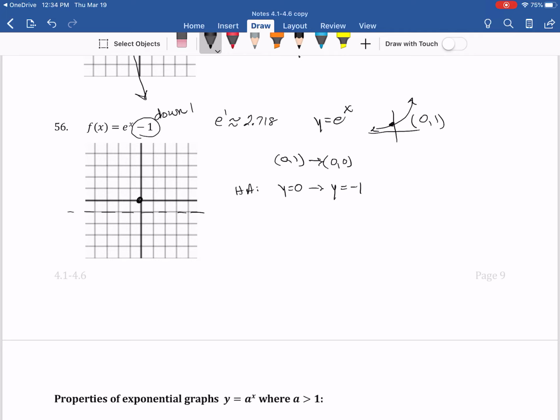So your function did not do any reflecting across that horizontal axis. It stays above, so it's going to have this basic shape with that new horizontal asymptote. So the domain is all real numbers, the range is all y values that are bigger than -1 this time, and the horizontal asymptote is the line y equals -1.